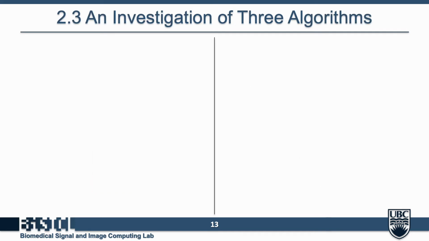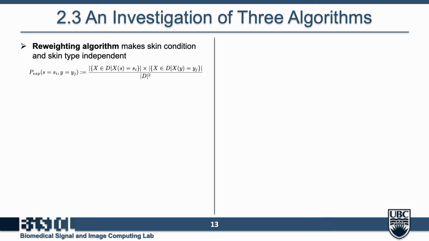To better understand the unfairness issue and enrich our assessment of different fairness models, we studied 3 widely used pre-processing and in-processing fairness algorithms. Reweighting algorithm tries to make skin condition and skin type independent.